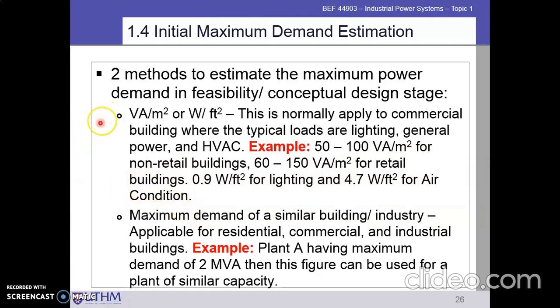This one is the standard commercial building, because we can see here the loads are only lightings, power sockets, and HVAC.